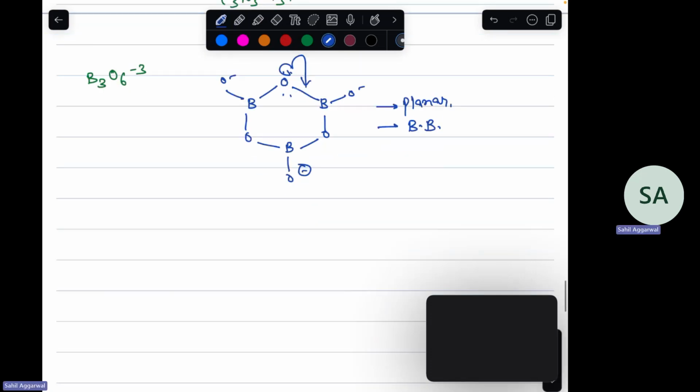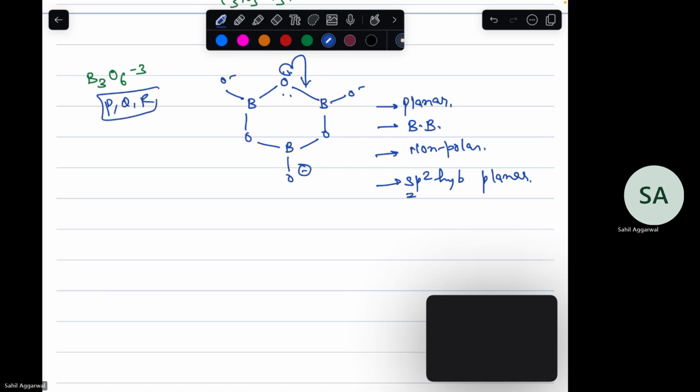It is non-polar. Upper limit can get cancelled out. It is non-planar, that's wrong. It is planar because it is sp2 hybridized. All atoms are sp3 hybridized. No, all atoms are sp2 hybridized. So PQR would be correct.